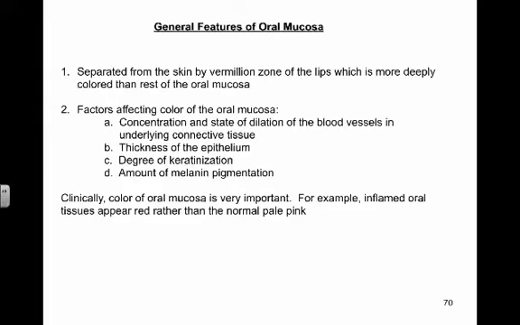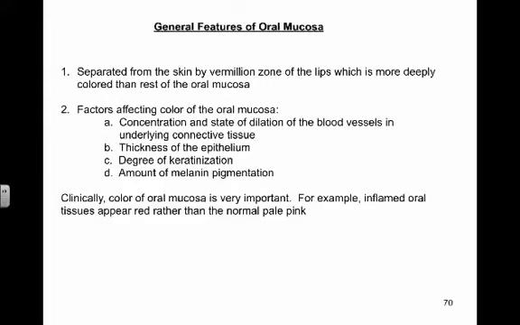If you occlude blood circulation to your lips, what color do they become? When you're shivering and retaining body heat, what color do they become? They become bluish. Why? There's no blood circulation going to that tissue.